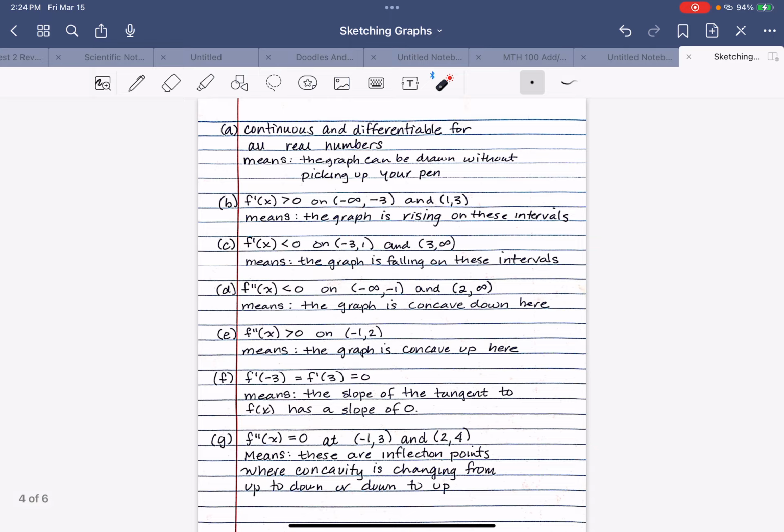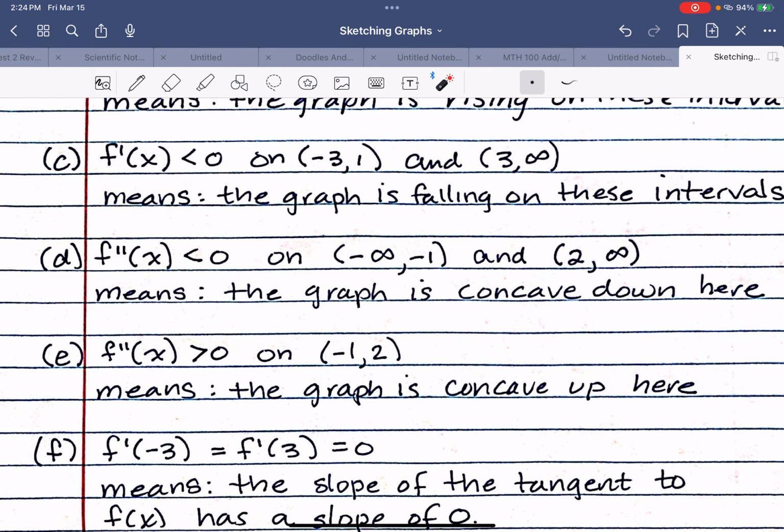The third one says f double prime, so make sure you're paying attention to the number of tick marks here. f double prime of x is less than 0 from negative infinity to negative 1 and 2 to infinity. And that means the graph is concave down from negative infinity to negative 1 and from 2 to infinity.